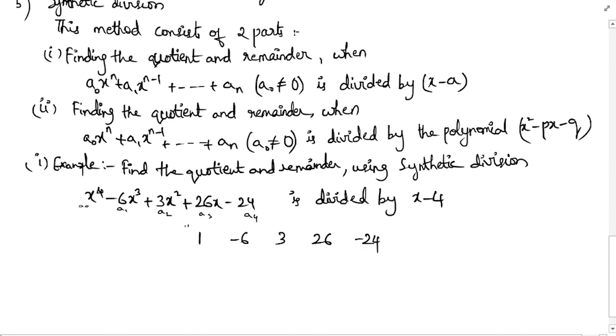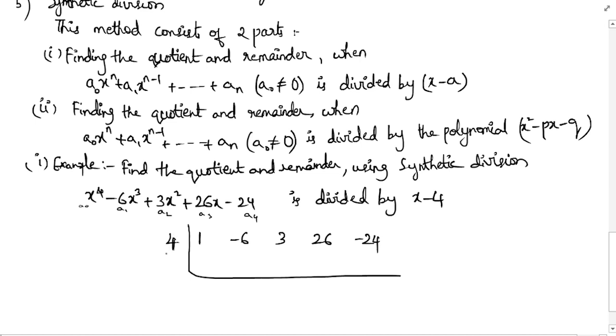Now we will draw a line in this way, like how we do for LCM. Because it is given that it is divided by x minus 4, that means x is equal to 4, so here we'll put 4.